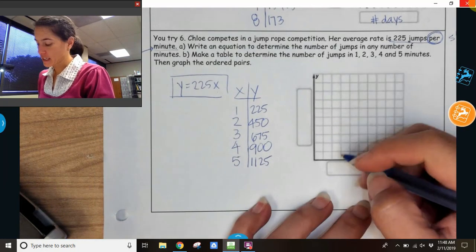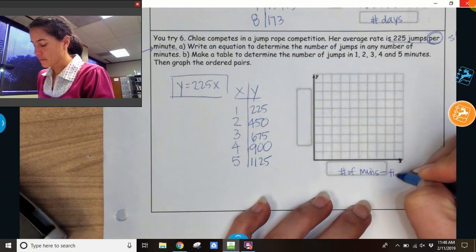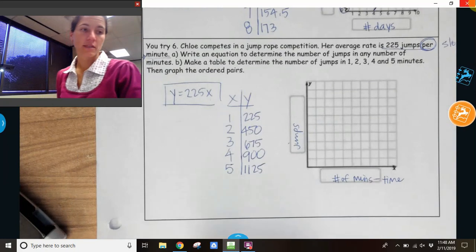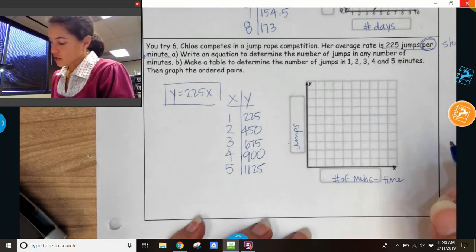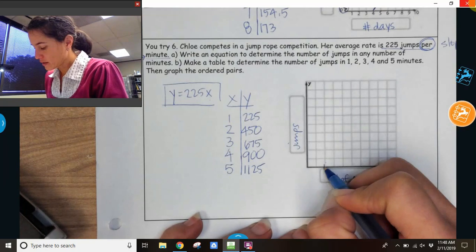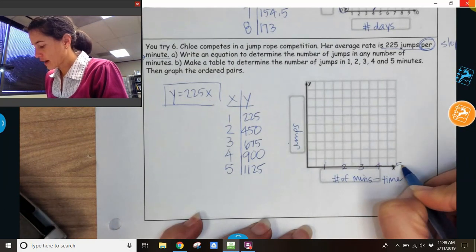Down here on the x-axis, I have number of minutes, and that's your time. And then over here I have jumps. Since I'm only going to 5, I'm going to do 1, 2, 3, 4, 5.